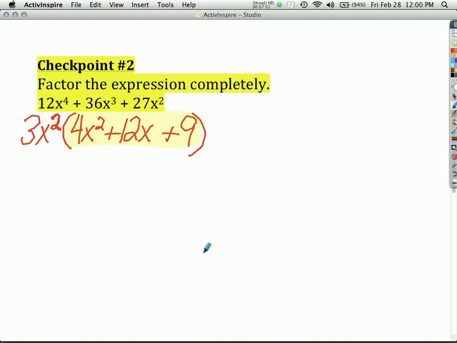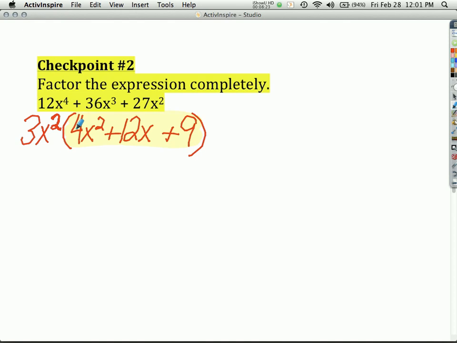Now you're going through the sequence. Did the common factor, so the next question you ask is, is that a difference of 2 squares? No, there would only be 2 terms. Is that a perfect square trinomial? Yes, it is. It's a perfect square trinomial because it passes the PST test.